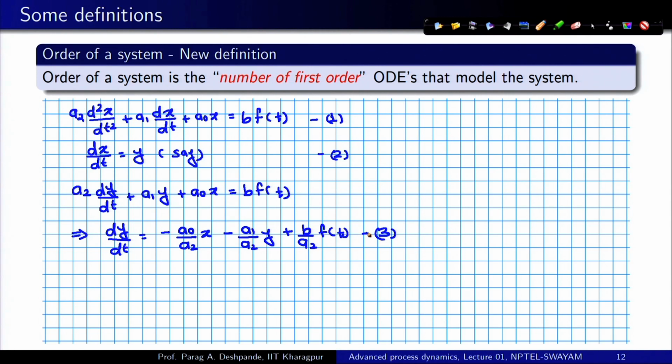So, let us now analyze what we have done. I had previously one second order ODE which governed my system, and therefore, the system was second order, and I have converted it to two first order ODEs.